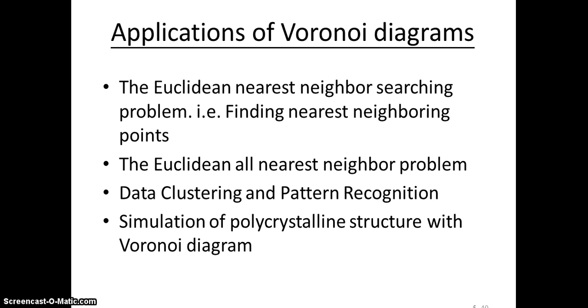The applications include the Euclidean nearest neighbor searching problem, that is finding the nearest neighboring points, and also data clustering and pattern recognition. It can be used for the simulation of polycrystalline structures with Voronoi diagrams. So for our particular problem, the nearest hospital problem, we can use the Voronoi diagram efficiently.